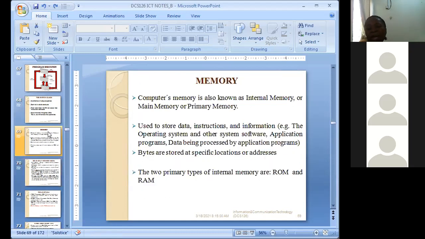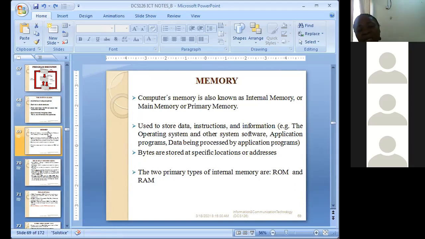Okay, let's look at the memory. The computer's memory, which we have been talking about, is the internal memory. It's also called the main memory, or the primary memory.